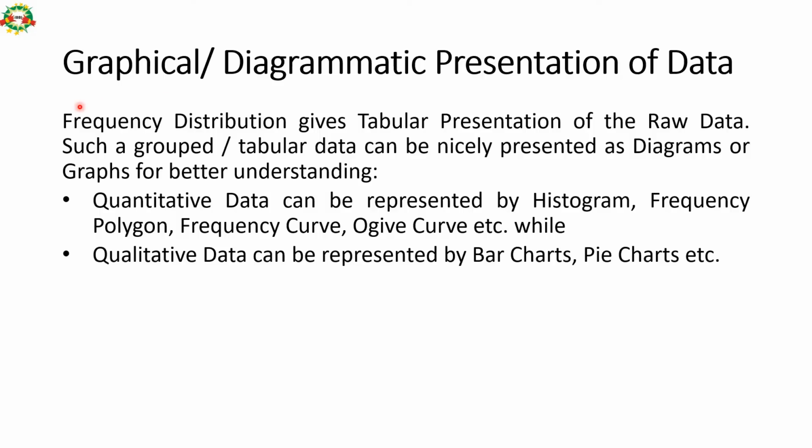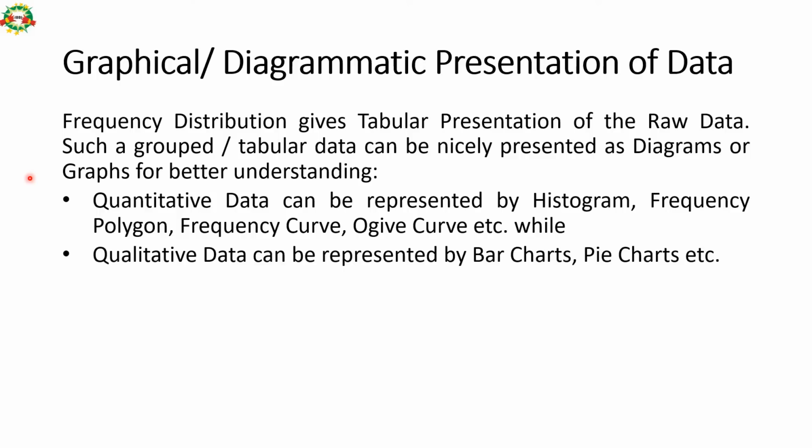Graphical and diagrammatic presentation of data. Frequency distribution gives a tabular presentation of the raw data. Such grouped or tabular data can be nicely presented as diagrams or graphs for better understanding. So till now we have understood the tabular data. Now we will discuss this data with the help of graphical presentation. Obviously, a pictorial view of data gives us a better understanding.